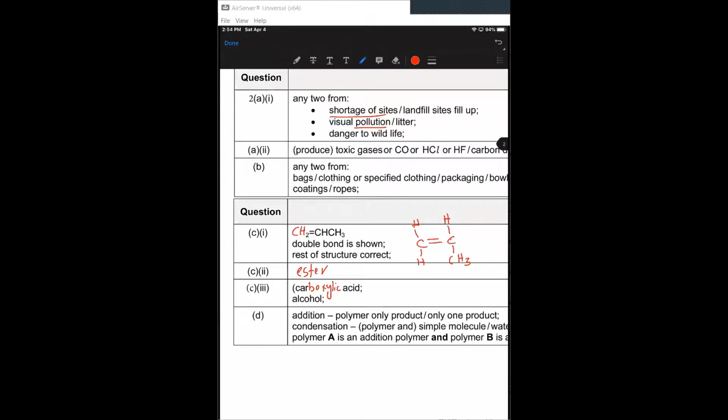You can also write dicarboxylic acid and diol, that will also be fine. Both ways you can give the answer.